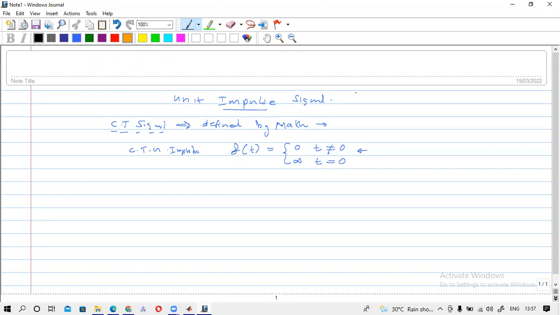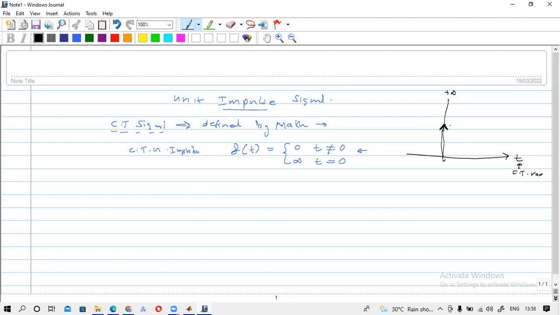If we draw the signal, it is like this, and this is t, a continuous time variable. This is the function. You can see there is an arrow toward infinity, the plus infinity of the y-axis.